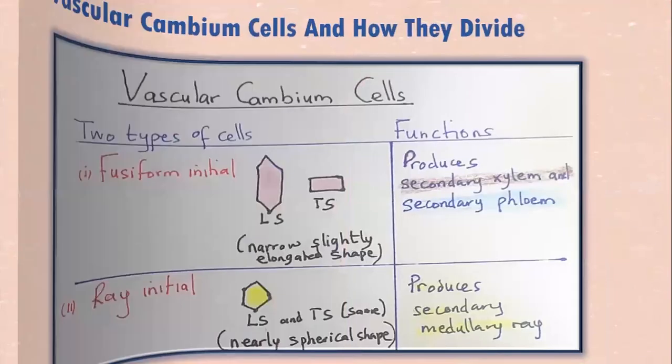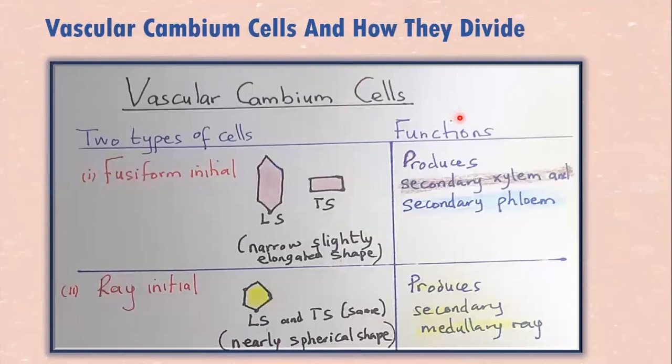Now we want to look at the vascular cambium and its cells and how they divide. The vascular cambium has two types of cells: fusiform initial, which is narrow, slightly elongated. This is the TS. And that is what produces the secondary xylem, wood, and the secondary phloem.